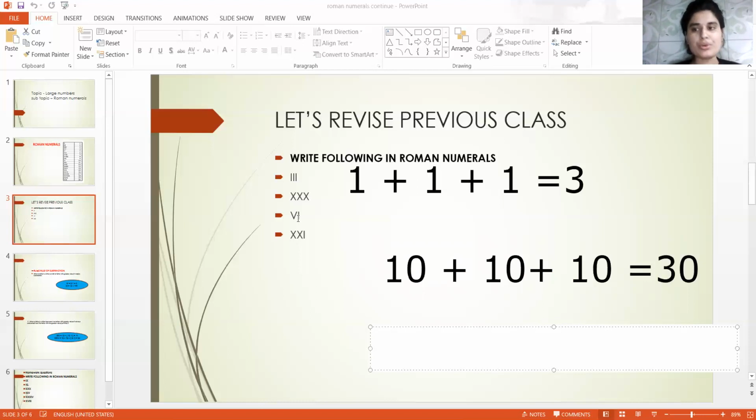So, the rule of addition is, we first write the value of V, that is 5, and then the value of I, that is 1, and in between we add them.